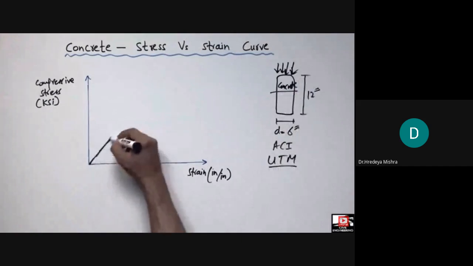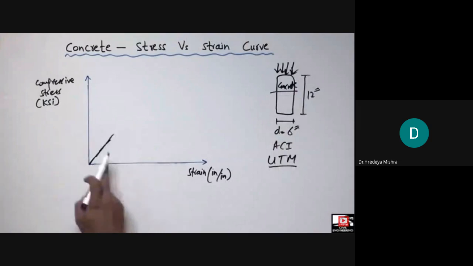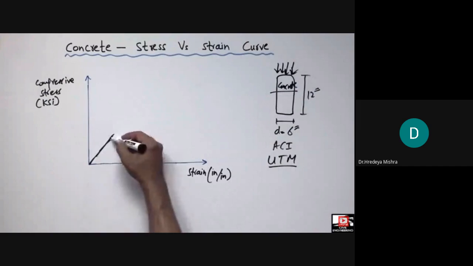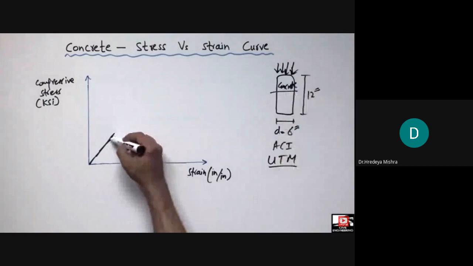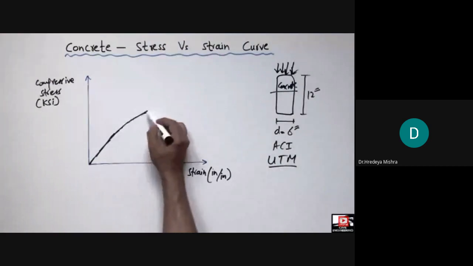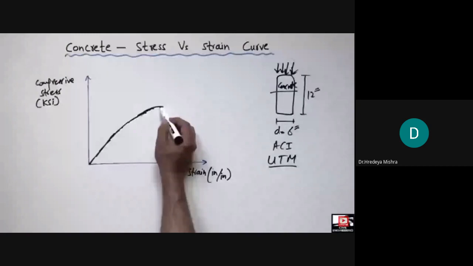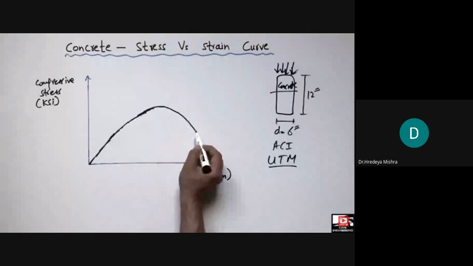It means the stress and strain have a linear relation at the start, and then after increasing the load on the cylinder, it deviates from the linear position and shows nonlinearity, then reaches the top of the load, and then decreases again, and it shows breakage here.